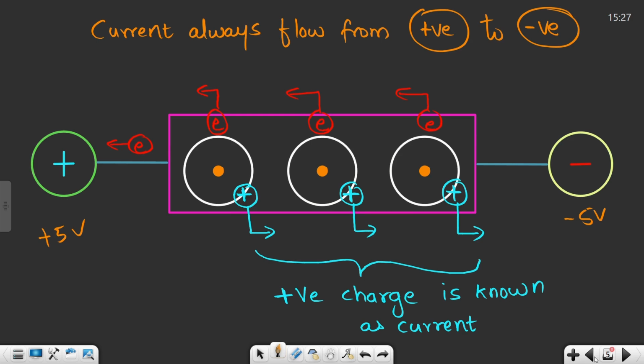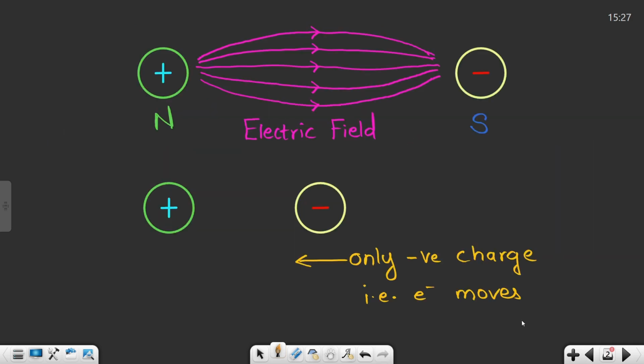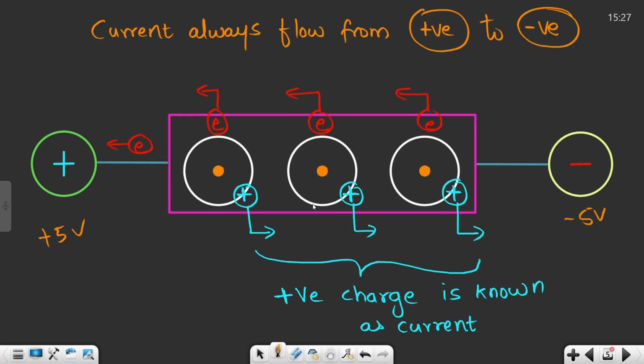Again, I'll repeat. I clearly mentioned that the positive charge will remain stationary, only the negative charge will move. In this entire scenario, only the electrons are moving, jumping from one atom to another. As the electrons jump, they make the atom positive for a certain time interval.